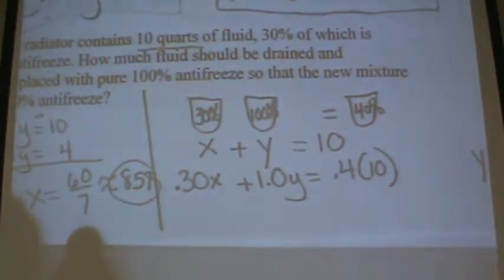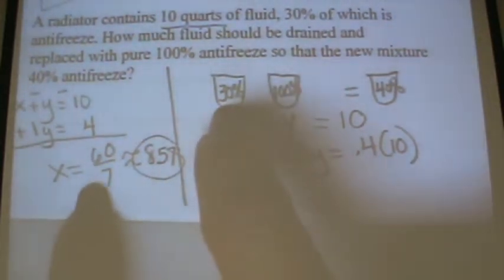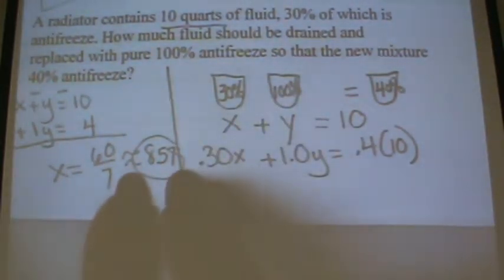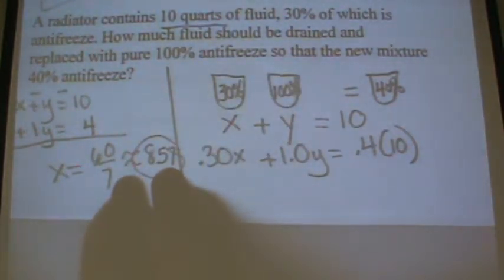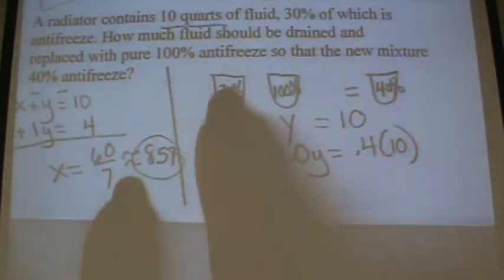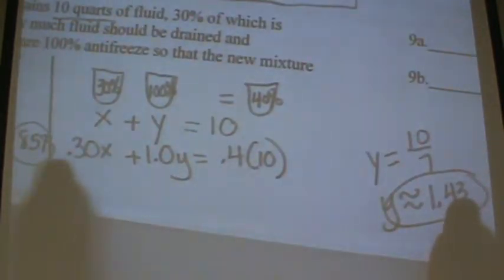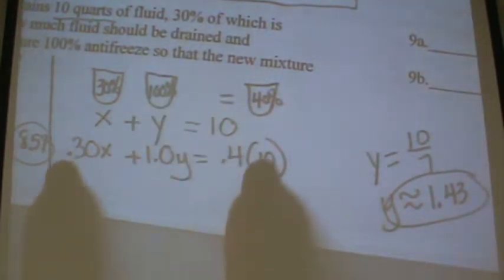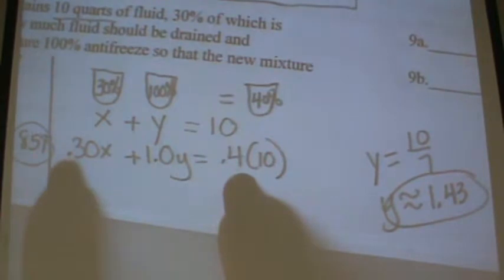So can you understand that you're going to take this 30% solution, and fill up a container that goes up to 10 quarts. 8.57 quarts of it is going to be this mixture, and only 1.43 is going to be the 100%. And you will have 10 quarts of a solution that's about 40% strength.